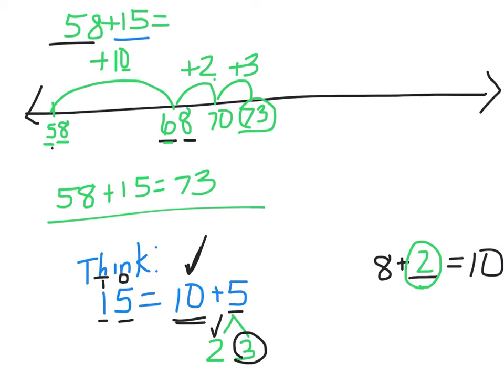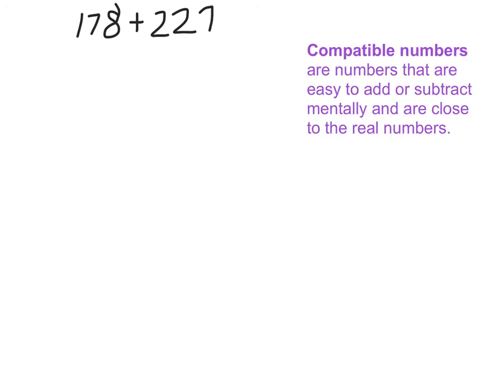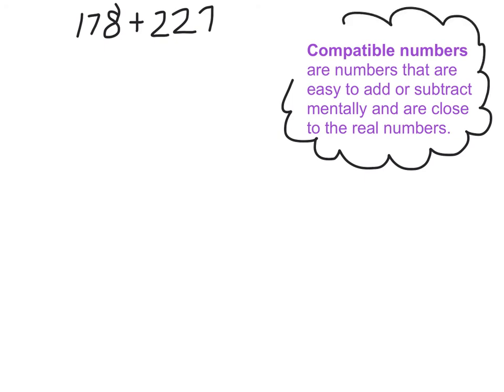Now let's practice using another way. Now we're going to use compatible numbers to add. We're going to use compatible numbers to find the sum of 178 and 227. Remember, compatible numbers are numbers that are easy to add or subtract mentally and are close to the real numbers.